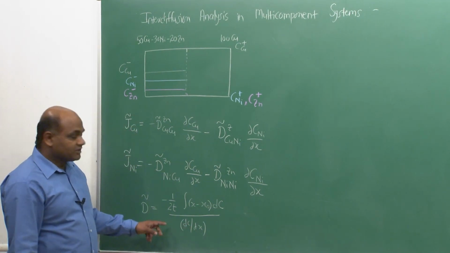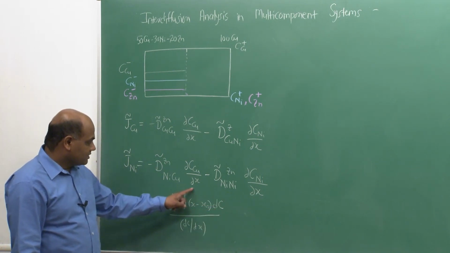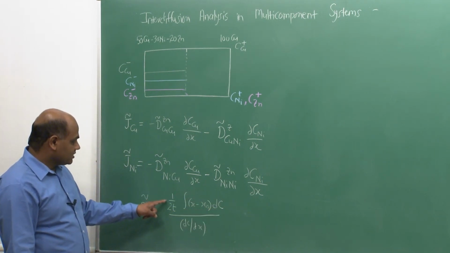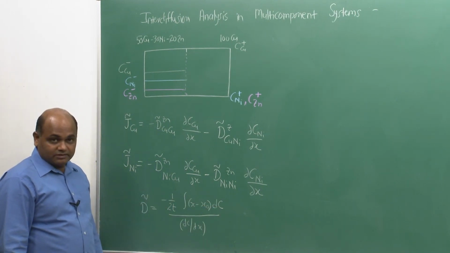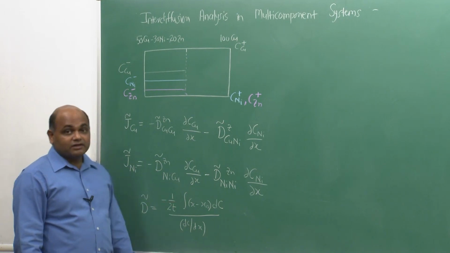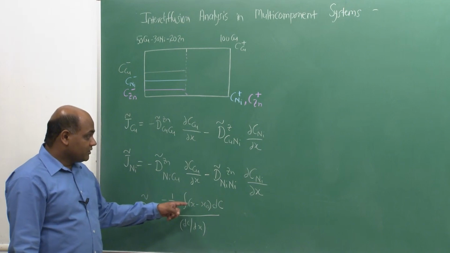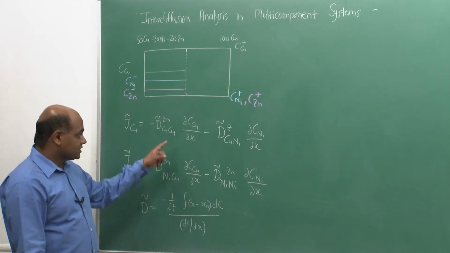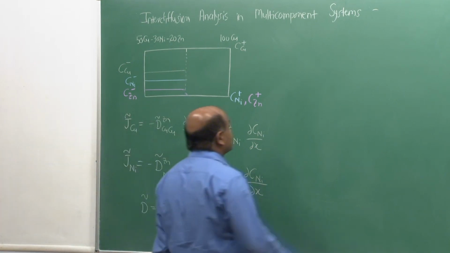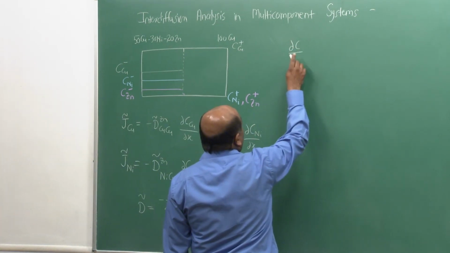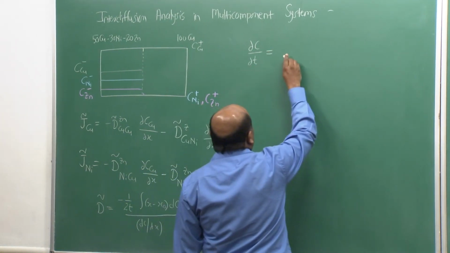So, if we compare with Fick's law, this straight away tells me that the numerator is nothing but the interdiffusion flux, but this is for binary system that we had derived. How do we go about finding interdiffusion coefficients in ternary? Because if we apply the continuity equation, it is not as simple as for binary, because now it is a coupled equation.